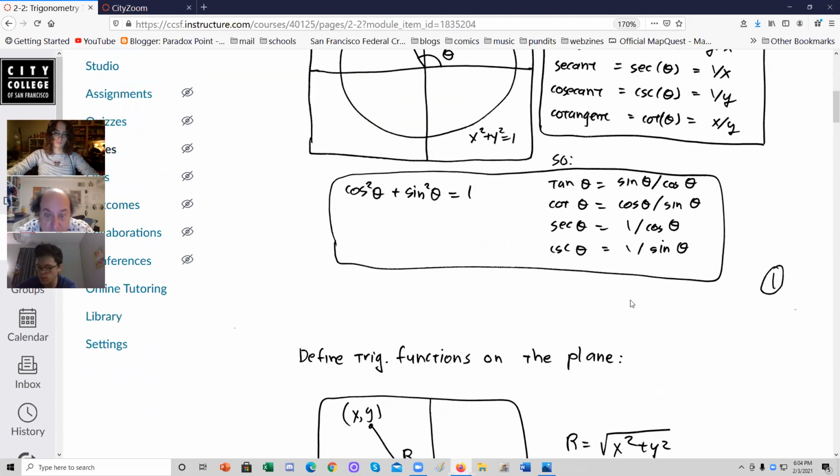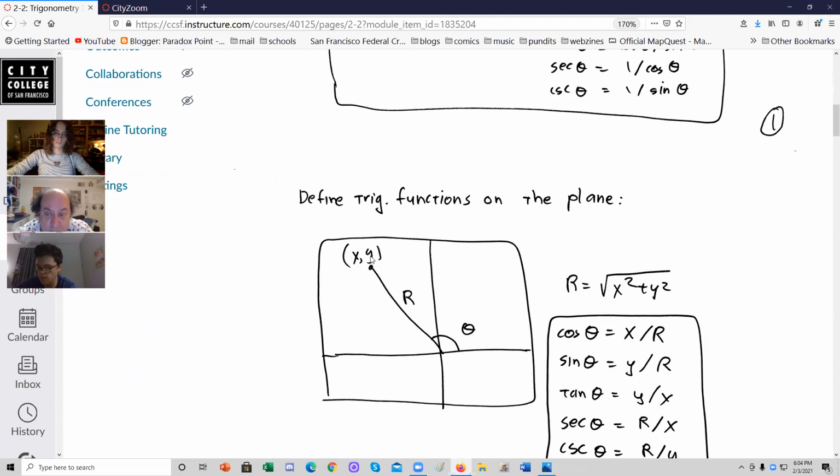Well, the rule is you shrink this down by a factor of r to put it on the unit circle. Then instead of x, y, you get a point on the unit circle, x over r, y over r. So x over r is cosine theta, y over r is sine theta.